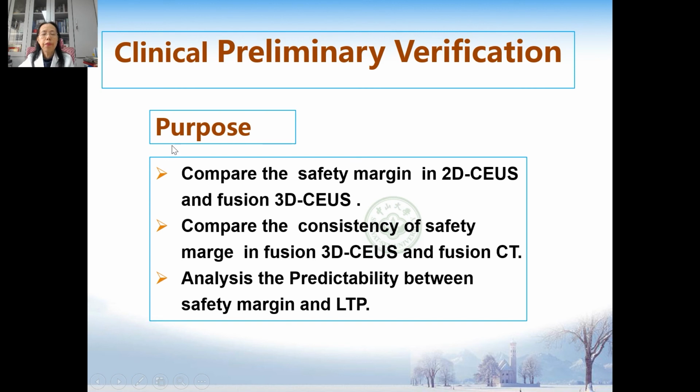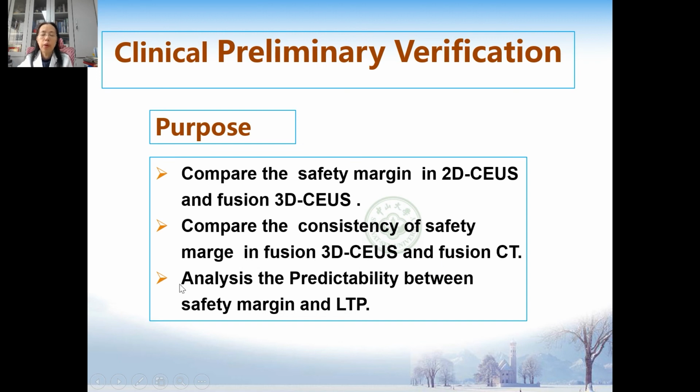And then we did the clinical preliminary verification. The purpose is to compare the 2D safety margin and the fusion 3D safety margin. And then we compare the consistency of the safety margin diagnosis in fusion 3D contrast ultrasound and in fusion 3D CECT.